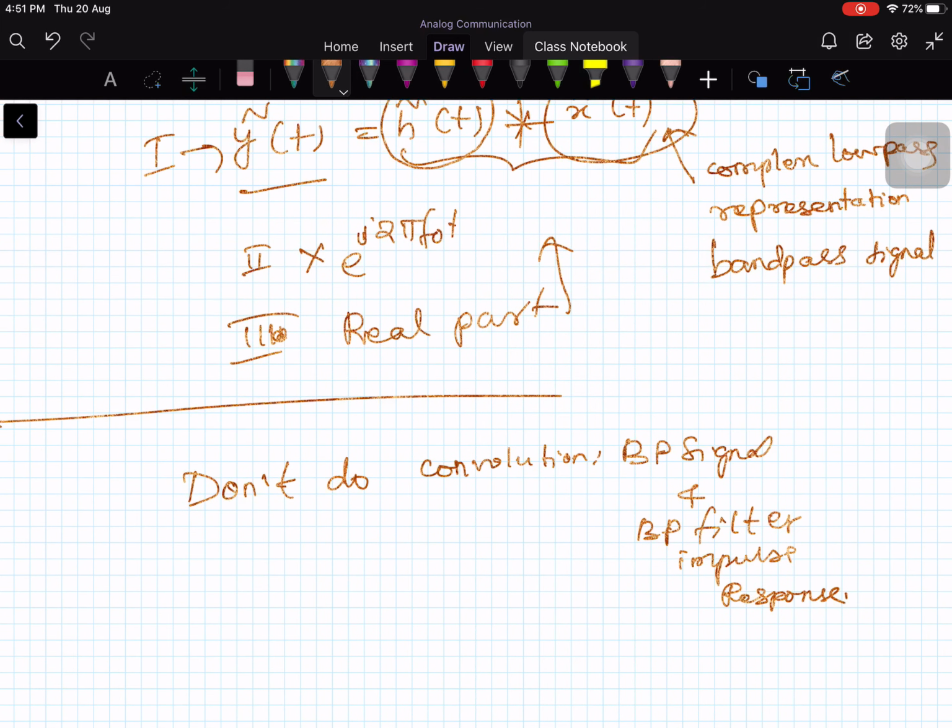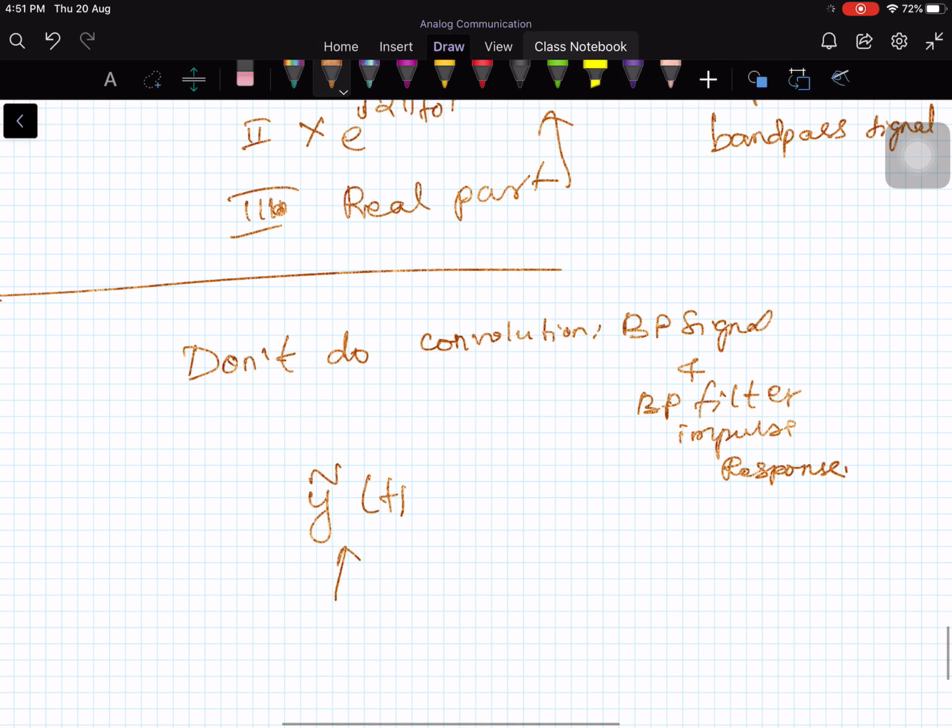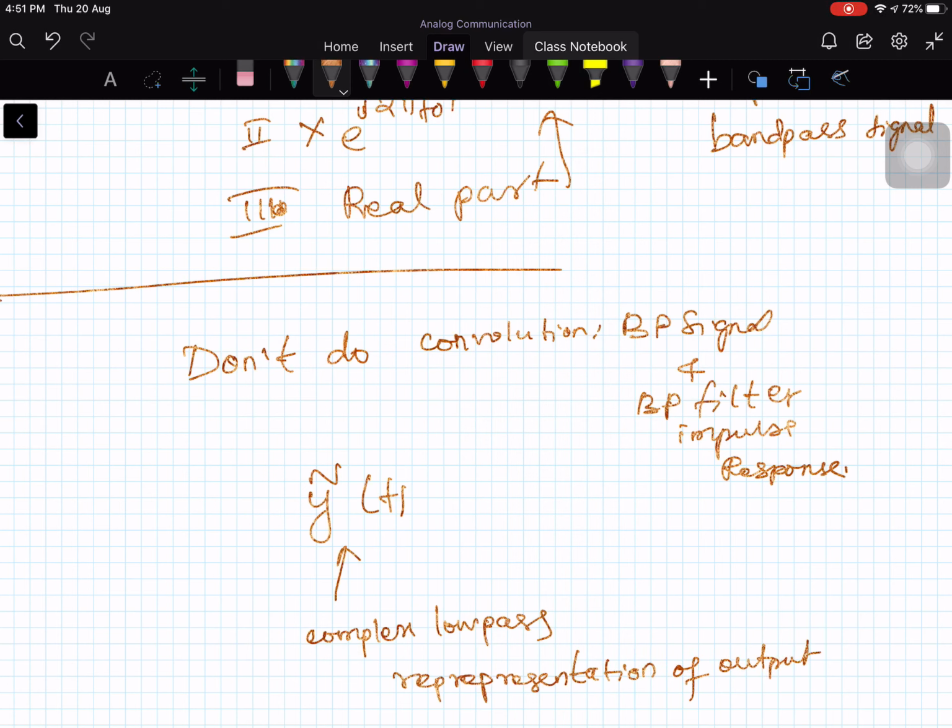Okay, once you do this convolution, you'll get y tilde of t, and y tilde of t is obviously the complex low pass representation of the output, which is h tilde of t convolved with x tilde of t.